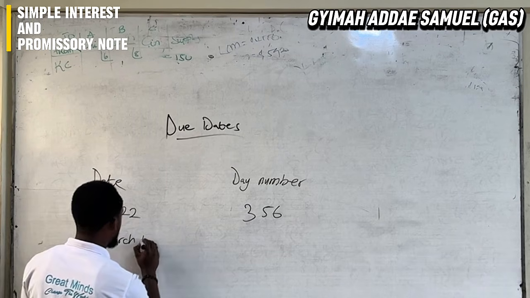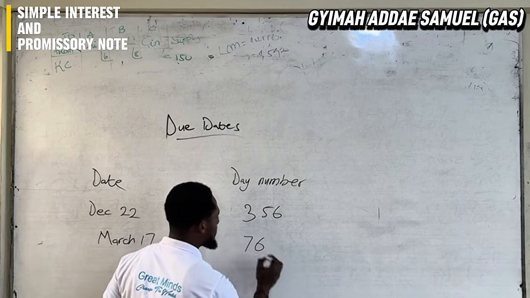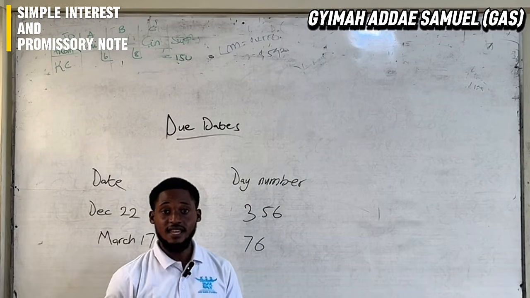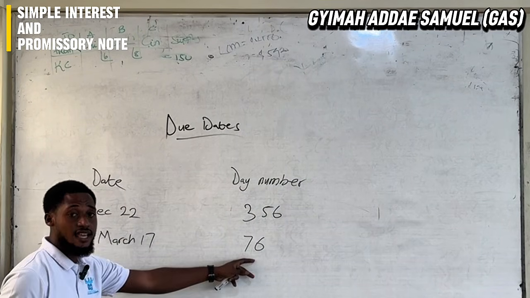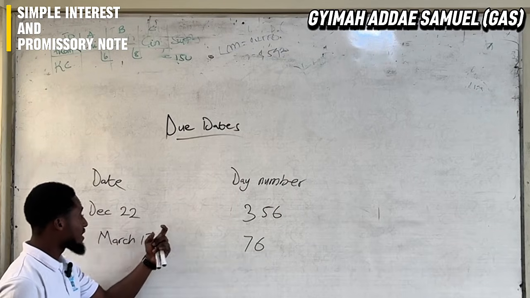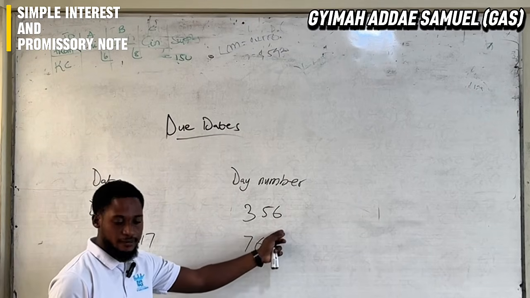We have March 17th, and March 17th falls under the 76th day in the year. December 22nd falls under the 356th day in the year.